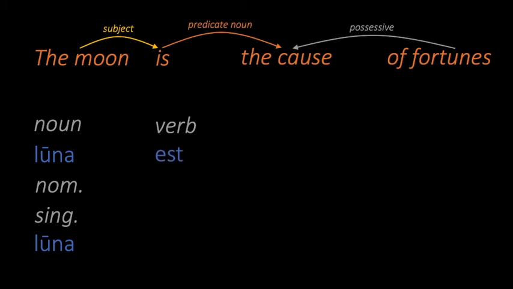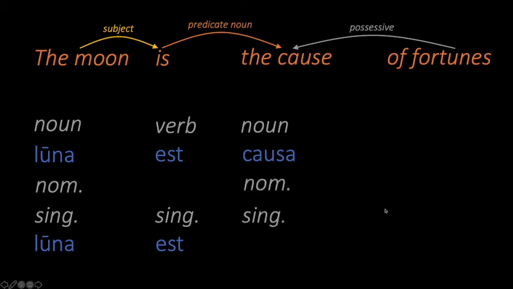To agree with the subject, luna, we need the singular form, which is simply est. Next we have the cause, which is a noun, and the Latin equivalent is causa. Our verb is a copula, and this is a predicate noun, so we are looking for the nominative case here, and the singular form. That ending is a, so the correct inflection is causa.